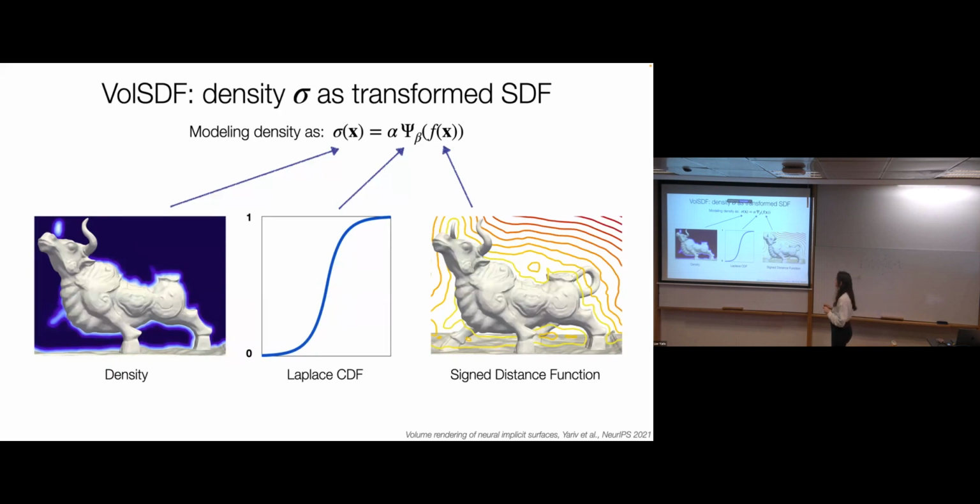There is another parameter here, which is called beta, and it's pretty much how fuzzy around the surface we want to be. Like I showed you before, the green thing is how much density I want to accumulate when I'm approaching the surface.